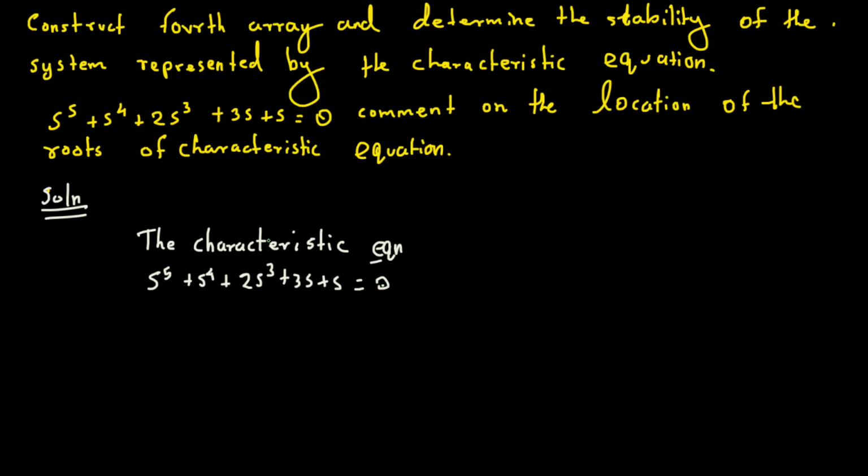We have to make sure all the powers are there from 5 to 0. We have fifth power, fourth power, third power, and first power and power 0.